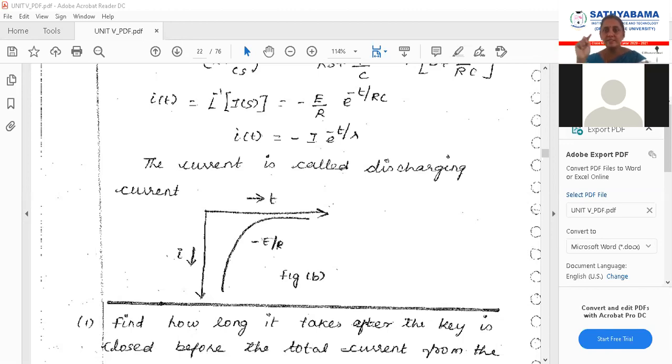So transients is majorly classified into DC transients and AC transients. We have started with the DC transients, clear? In the DC transients, we have RL charging, discharging, RC charging, discharging, and RLC. Now we have completed RL and RC. Next we will be going in for RC problem followed by RLC.